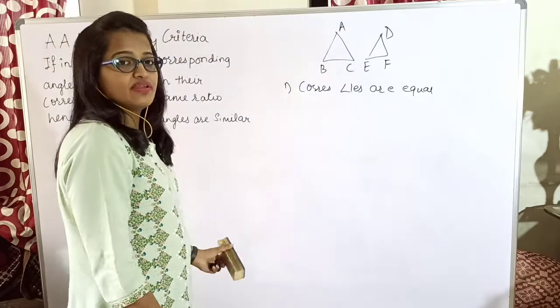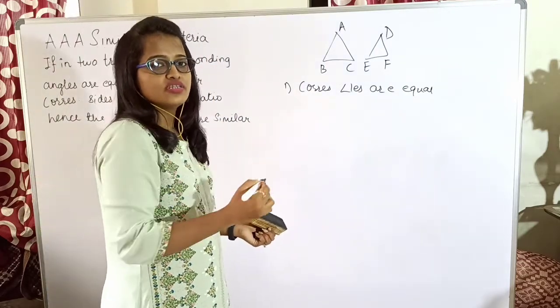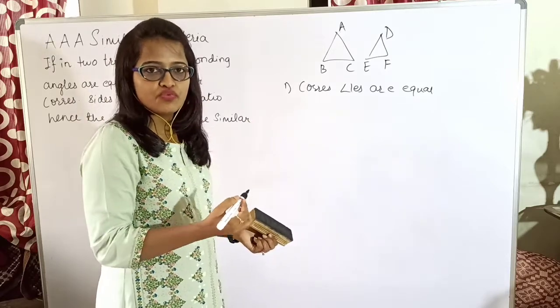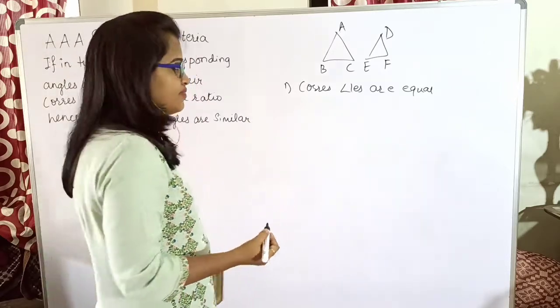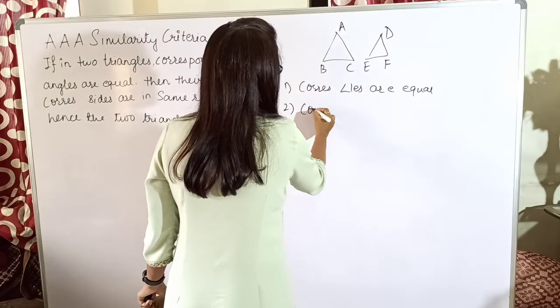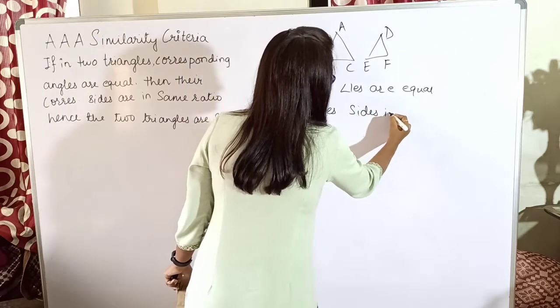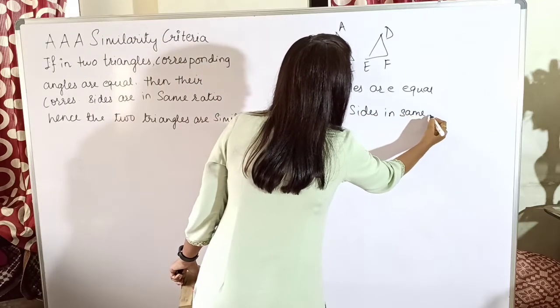Corresponding means the same, like what we used to do in congruency: the order in which you take the names of the vertices has to be the same. Corresponding angles have to be equal, whereas the corresponding sides have to be in the same ratio.